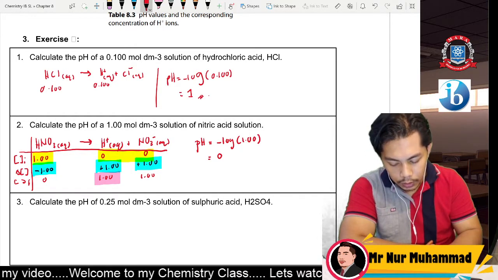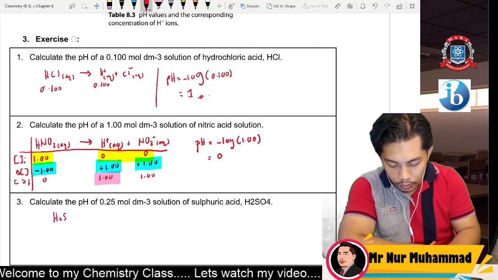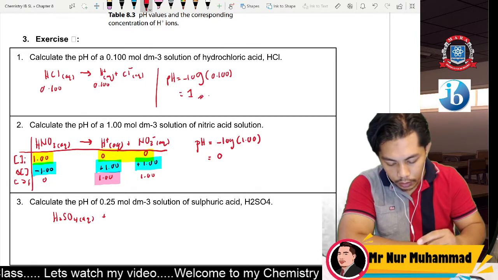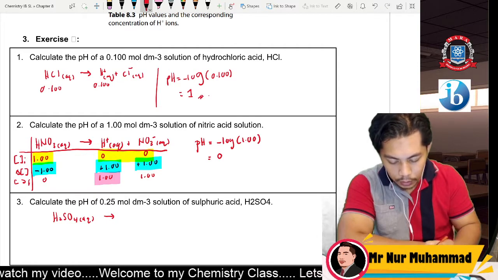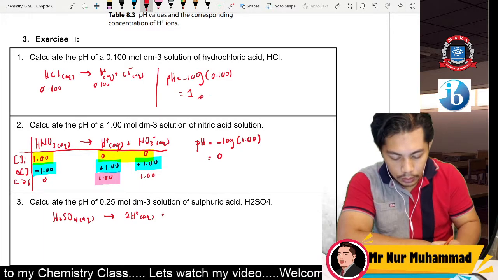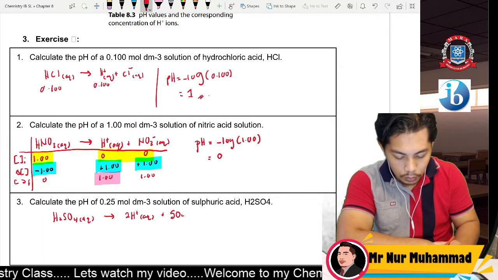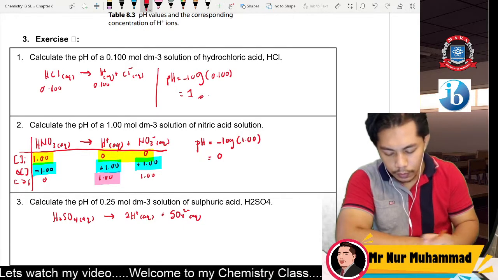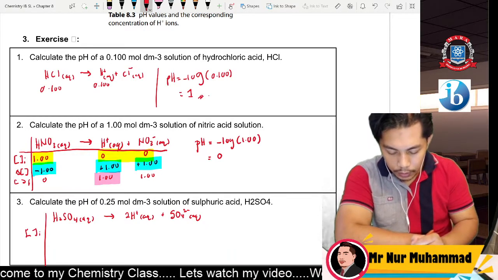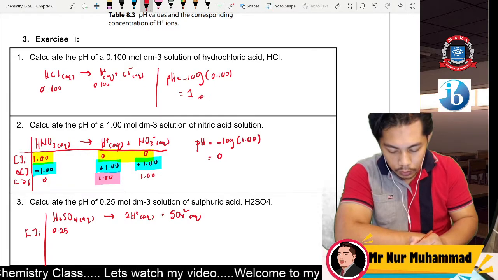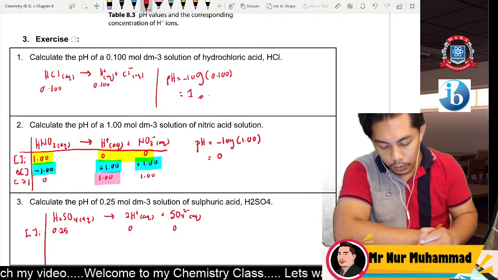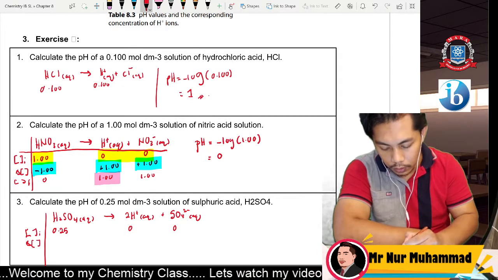As usual, write the chemical equation. This is aqueous, ionized completely in water to produce 2 hydrogen ion, aqueous, plus 1 mole of sulfate ion, aqueous. For the initial concentration, the bracket is concentration, right? 0.25 mole per decimeter cube. For the initial product it is 0 concentration, and then the change in concentration.